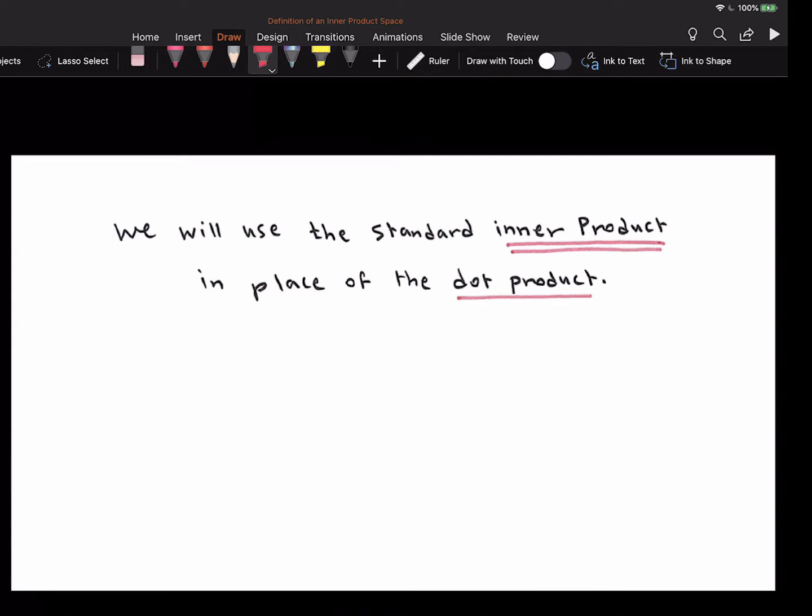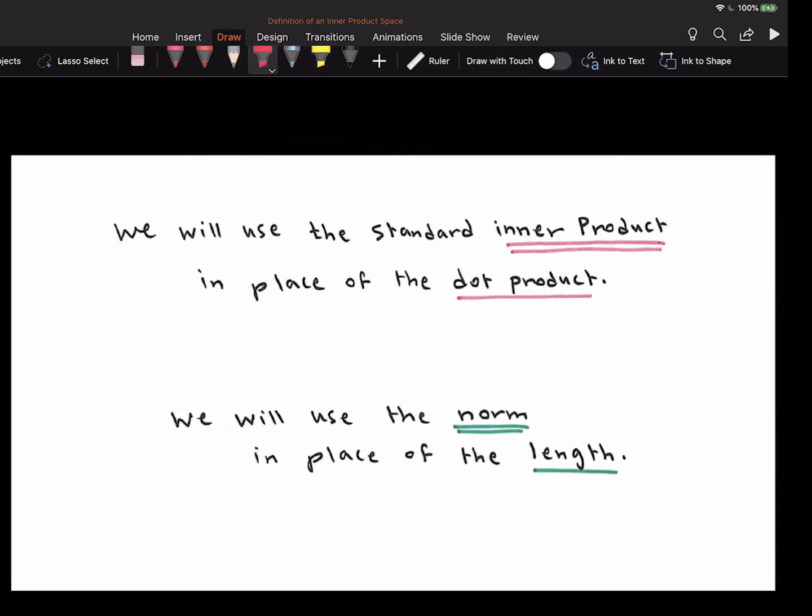We will use the standard inner product in place of the dot product. So from now on, when we say inner product, we refer to what we know as the dot product. Inner product is defined different ways depending on your vectors. That's one reason we don't use the word dot product. Dot product is useful when you have x1, x2, and y1, y2.